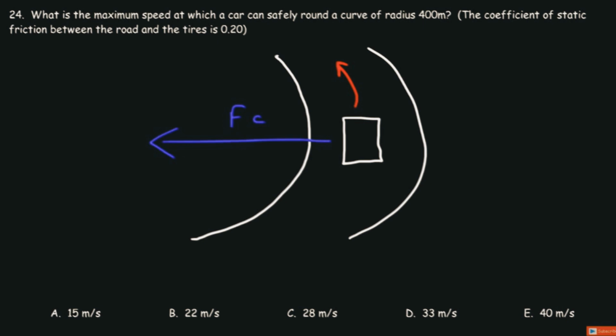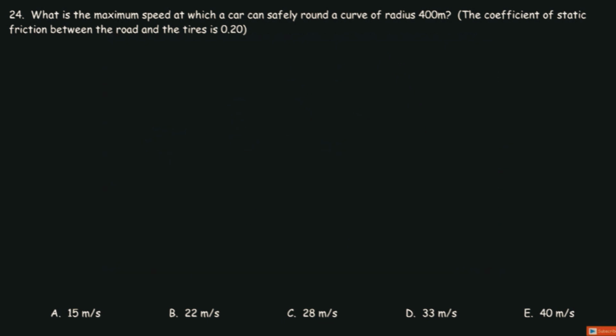So static friction provides the centripetal force in this example. So what we need to do is set static friction equal to the centripetal force. Static friction is mu s times the normal force.